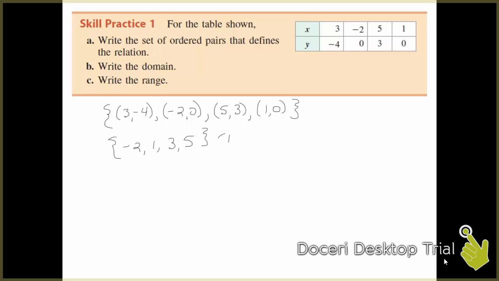So this is the domain. It's all the x's. And the range then is going to be your lowest number, which is -4, then 0, and then 3. And notice the 0 occurred twice, but I only listed it once. So when you list your domain and range, don't list them more than one time, and list them preferably from least to greatest.